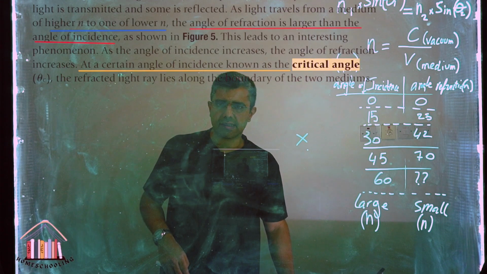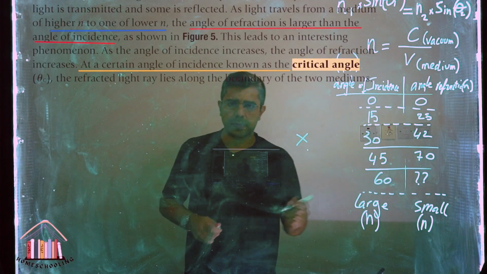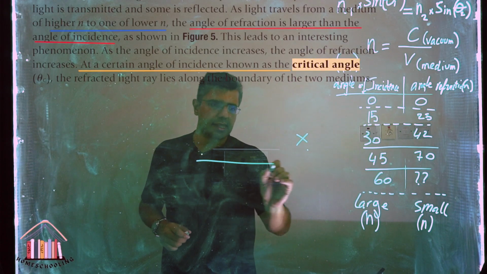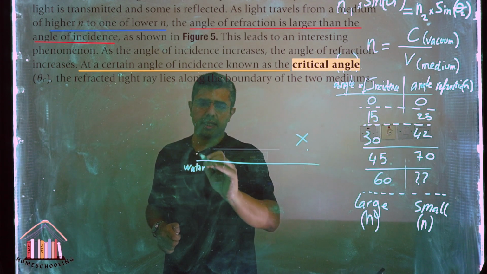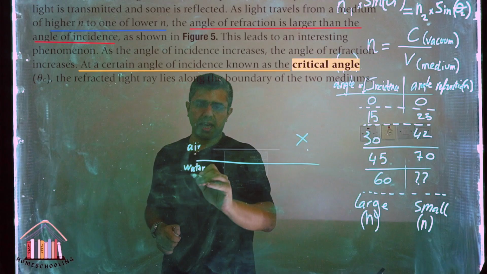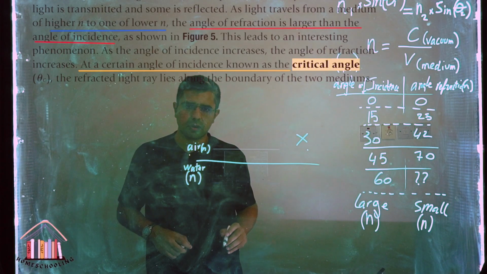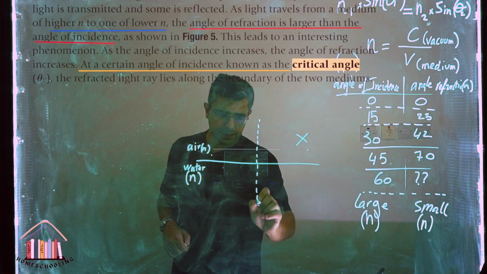Okay, let's draw it again. Let's say here we have water, and here we have the air. So here we have a large n, and here we have a small n. Here the n is bigger. That's the normal line as always.